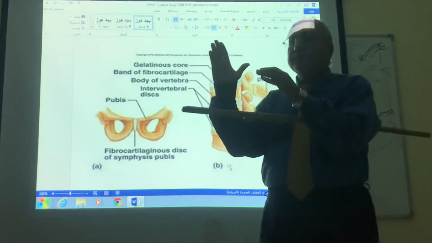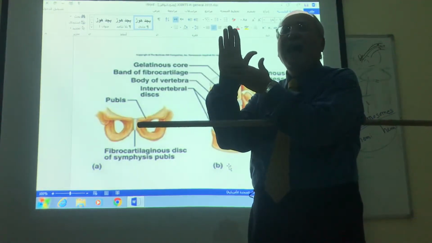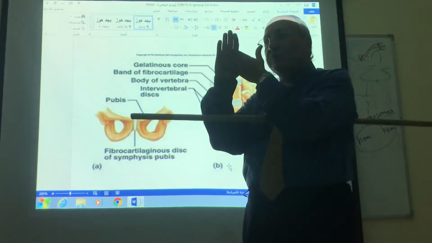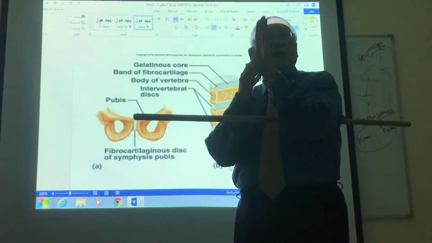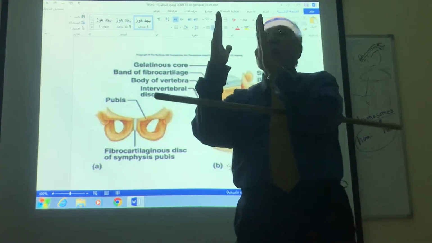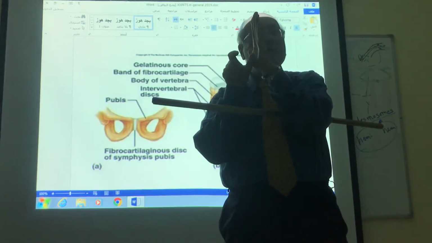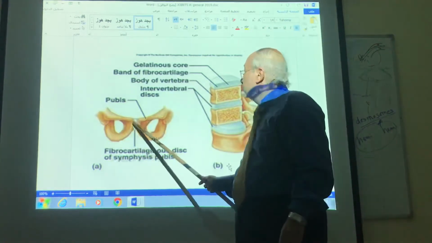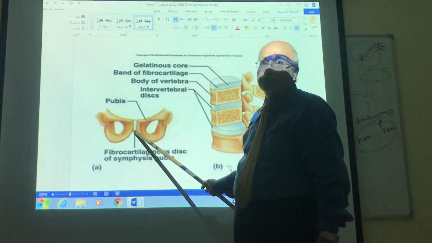In each bone there is a thin layer of hyaline cartilage. The right hip bone has a layer of hyaline cartilage, and the left hip bone has the same. And the two bones are connected in the middle by this white fibrocartilage.